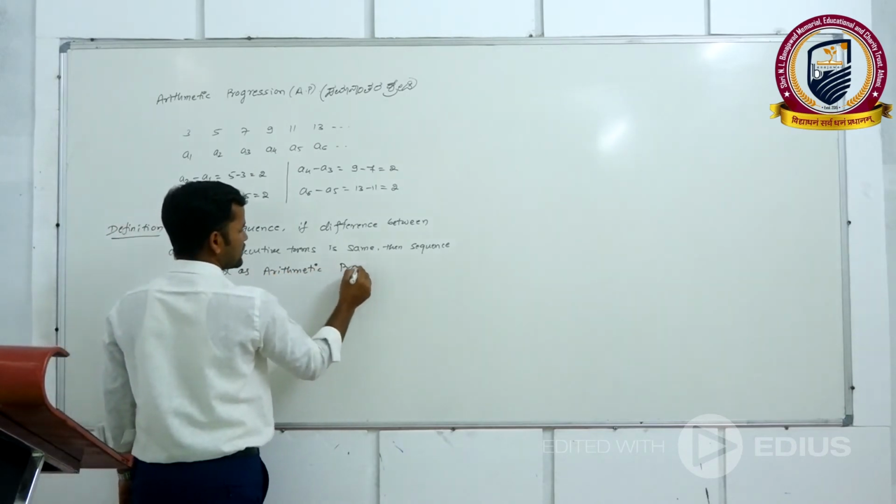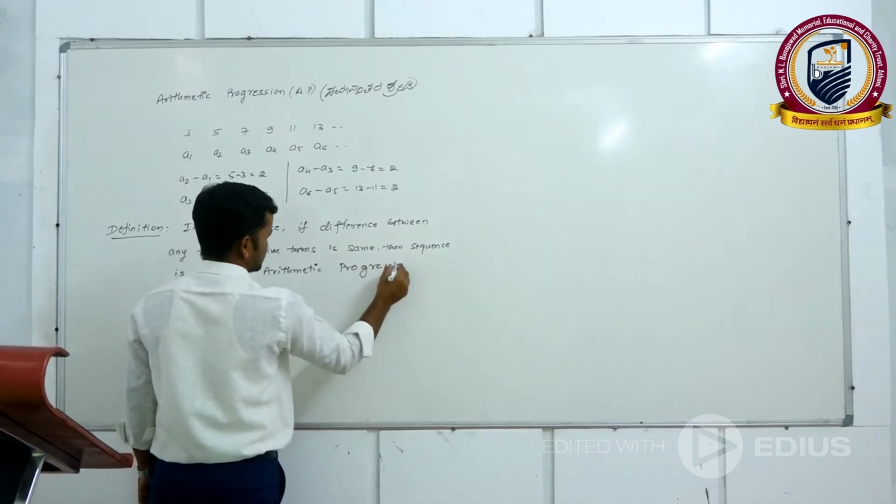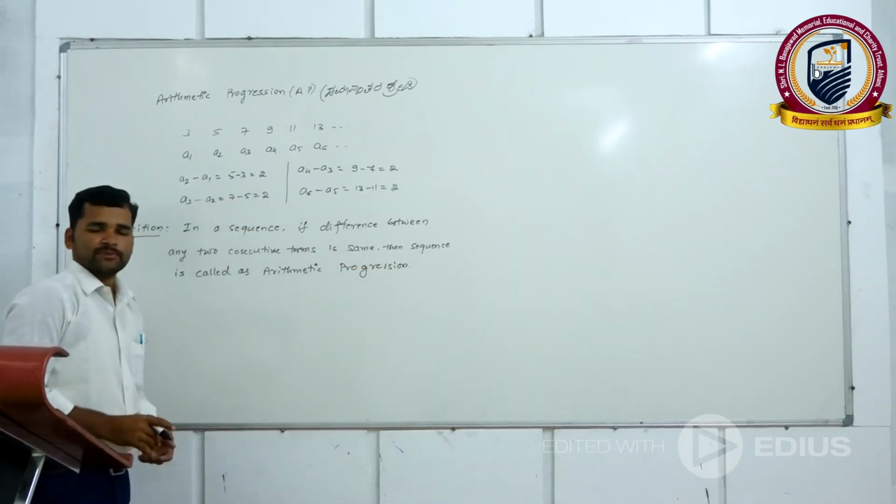This is called arithmetic progression. This is one way of explaining.